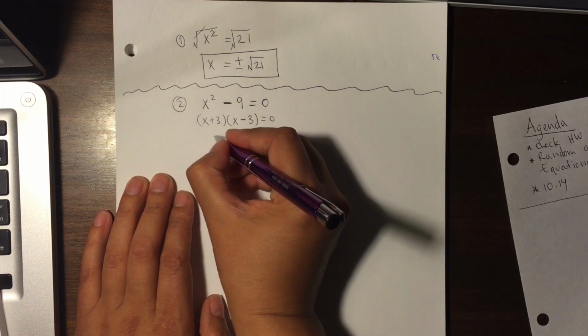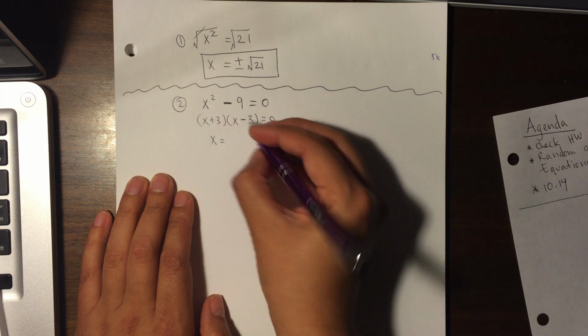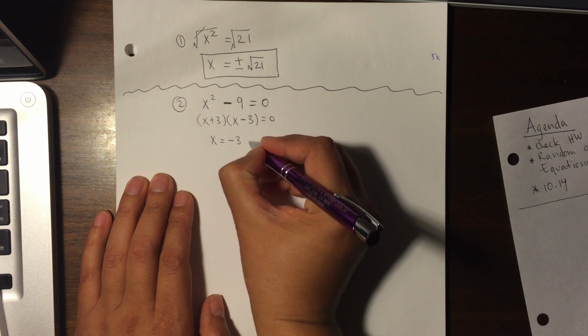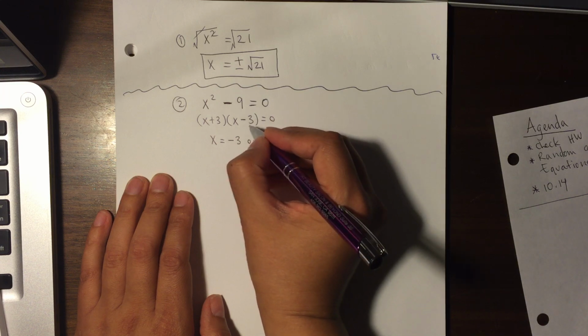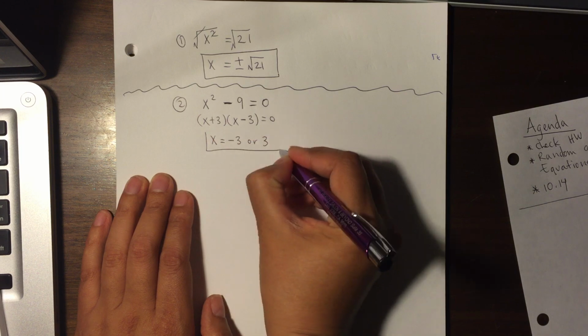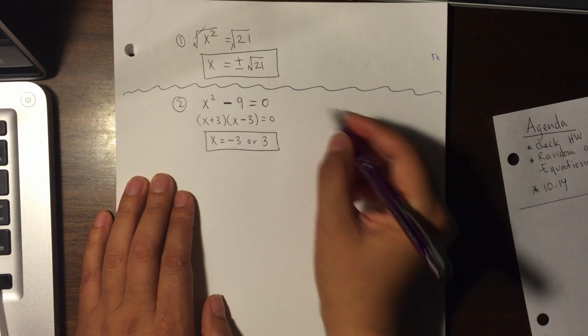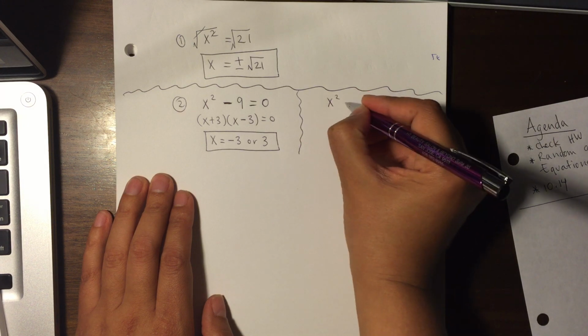So your two answers will be the opposite. Remember, to make this factor 0, you need a negative 3, or to make this other factor 0 it will be positive 3. So that's one way of doing this exercise. Or you can just cancel.